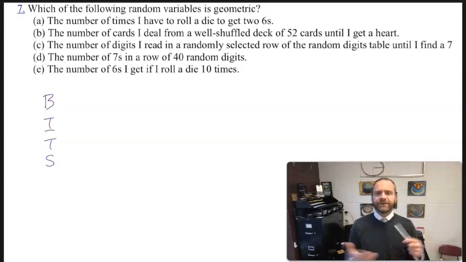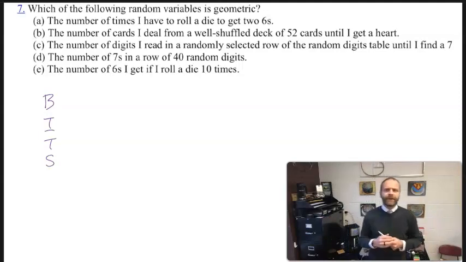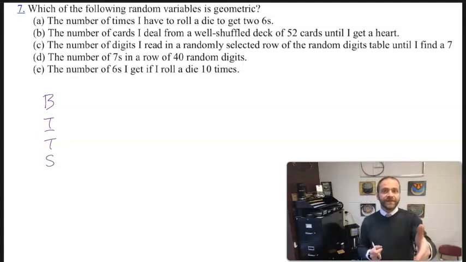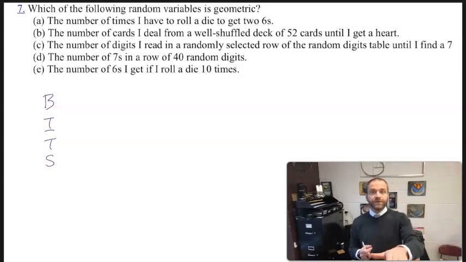So question 7, choice A, have to read them all. The number of times I have to roll a die to get 2 6s. Okay. I have to roll a die, so that means I'm rolling 1 die to get 2 6s. Oh, so right away I'm looking at the number of times until something happens. That's good news. I got the T checked on that one.